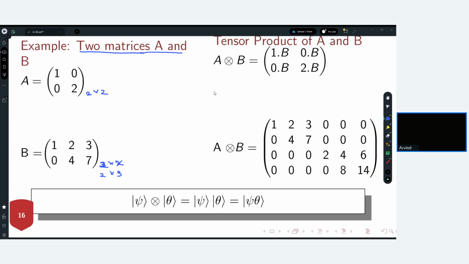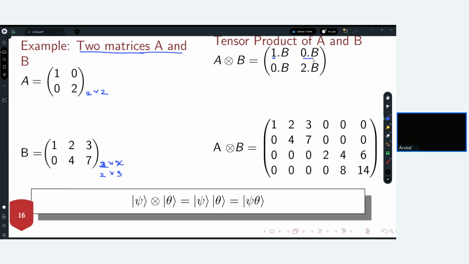A tensor product multiplies the elements of the first matrix with all the elements of the second matrix. Here, the first one is the element from the first matrix, and a multiplication of the second matrix is taken by multiplying it with that element.